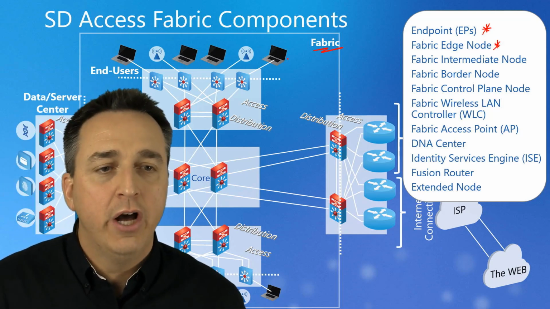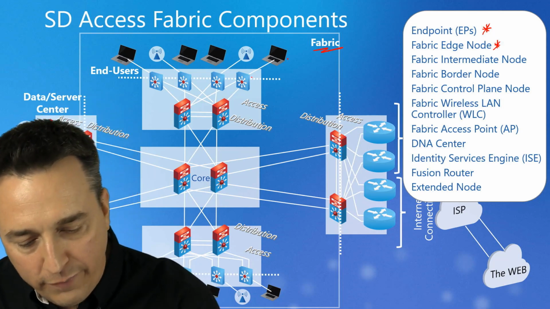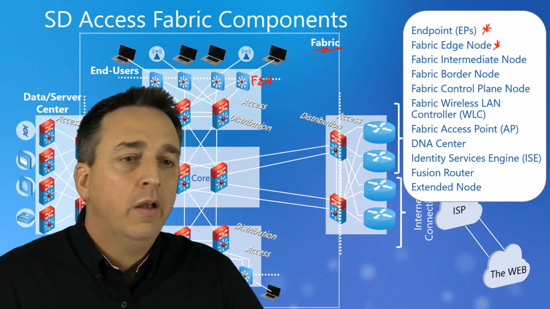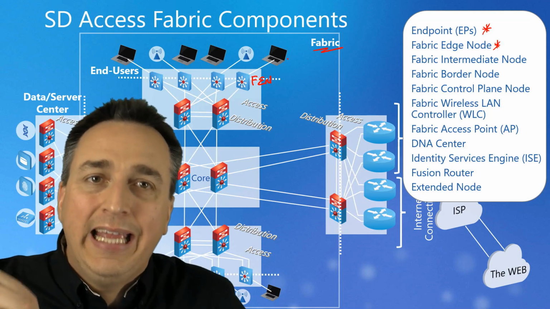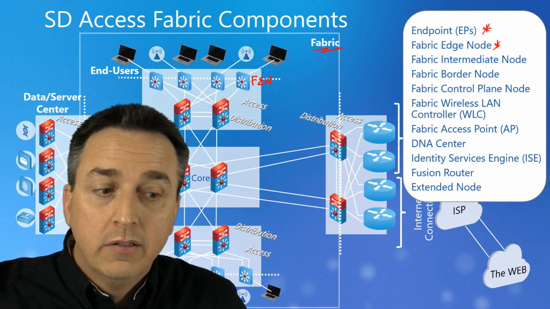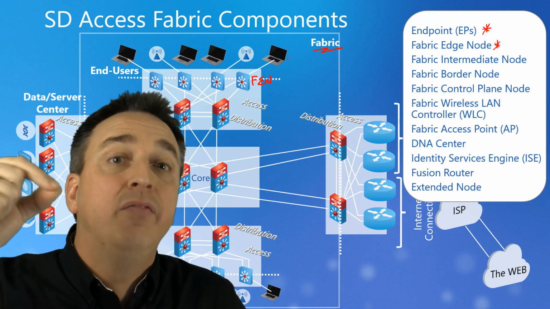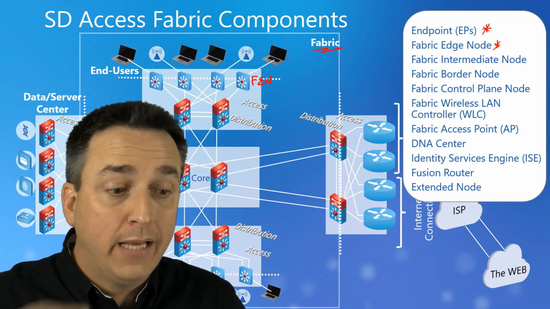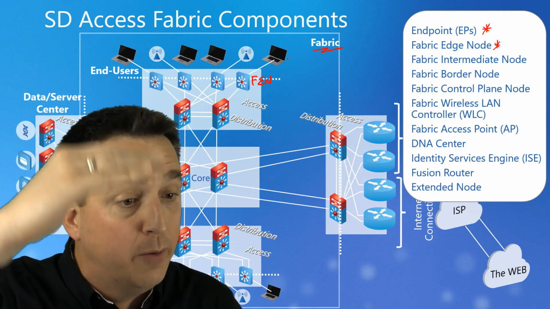The Fabric Edge node. Let me write out here what a Fabric Edge node is. This would be a device that is physically in our underlay, but it actually participates in the overlay as well. It can be an access layer device or a distribution layer device, depending on where your layer 2-3 boundary is.